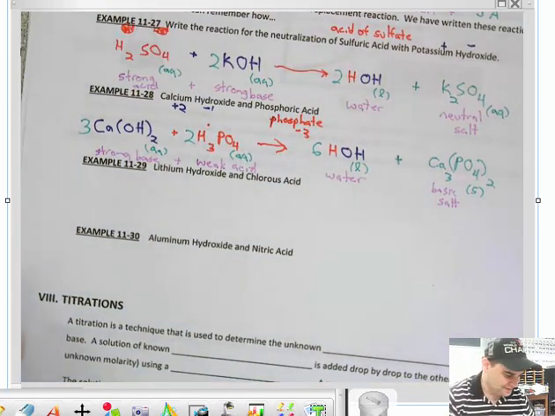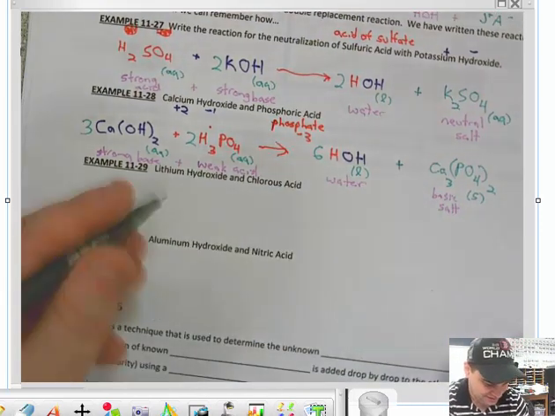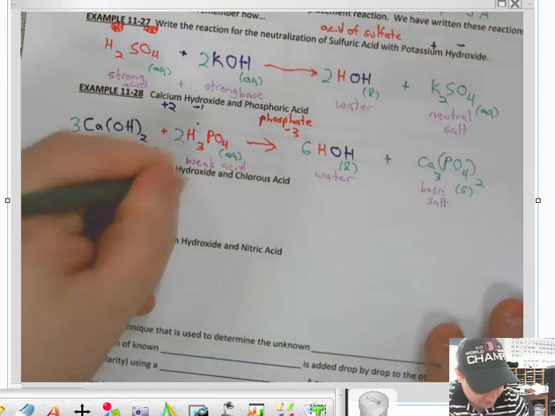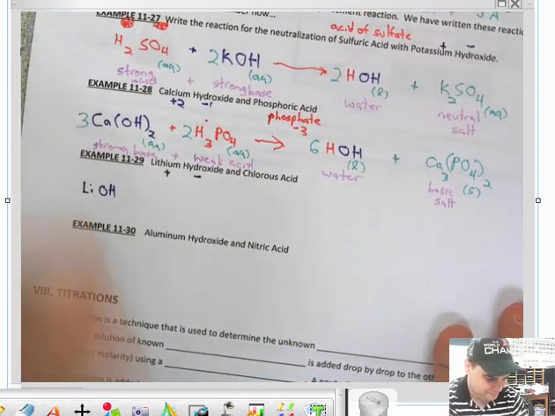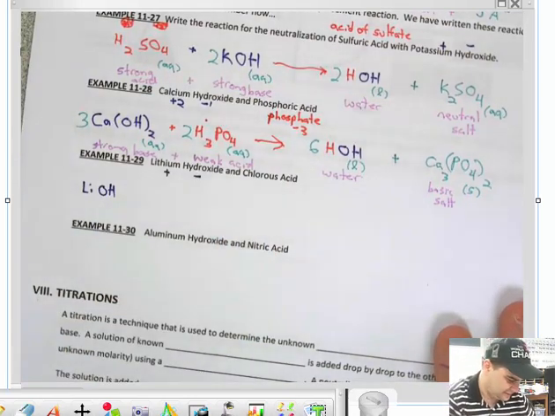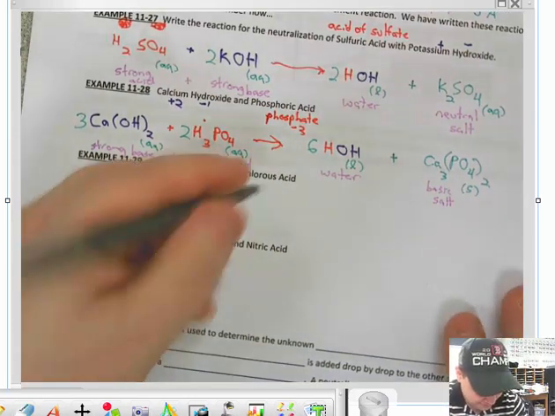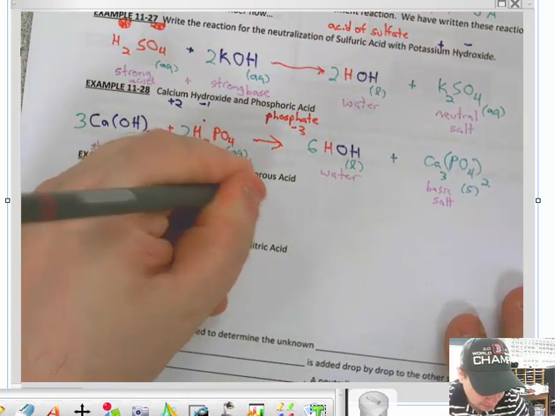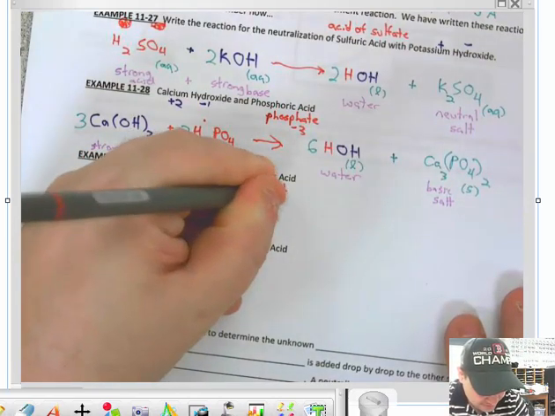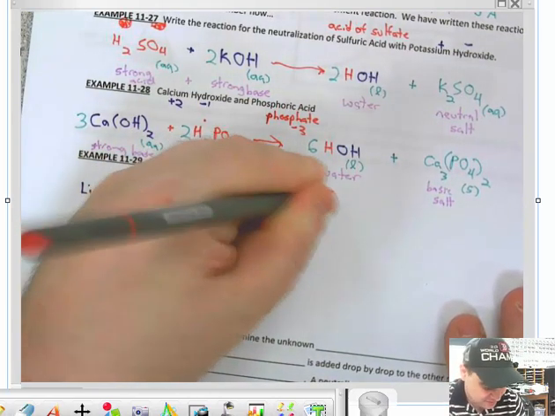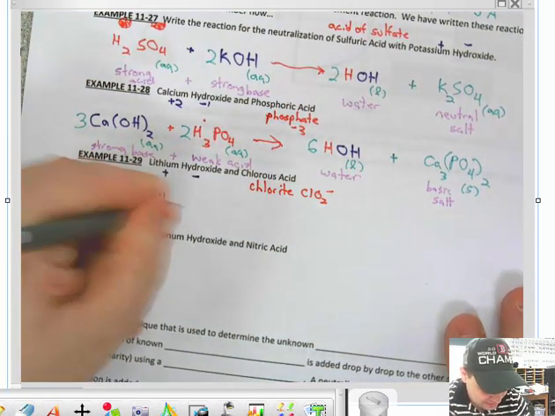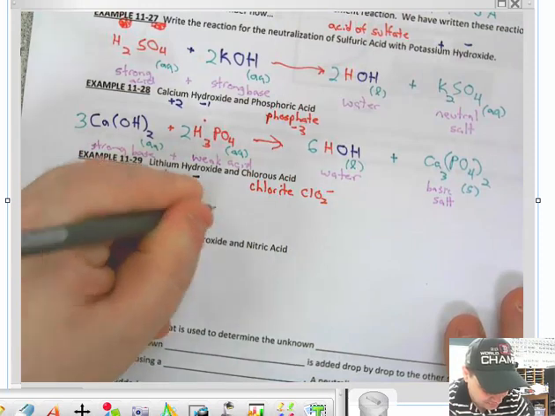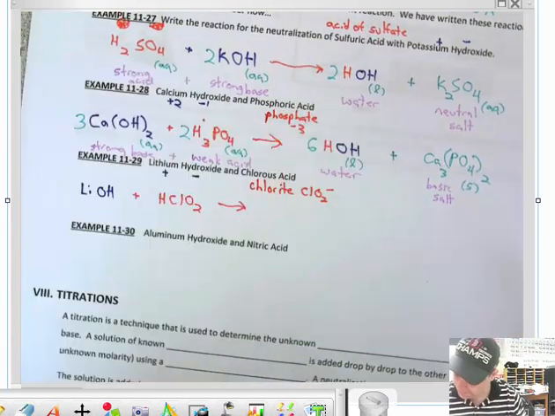Let's see what the next example is here. Lithium hydroxide. Lithium is +1, hydroxide is -1. This is LiOH. Chlorous acid. This is the acid of chlorite. Remember, chlorite is ClO2 minus. And since we are doing an acid, this is going to be HClO2. Okay?